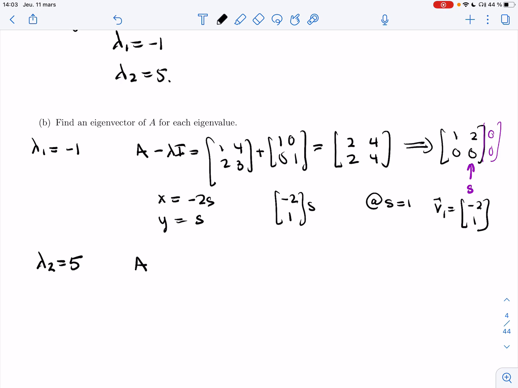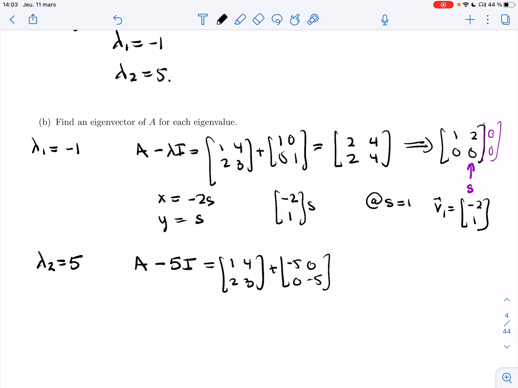All right, so now A minus 5I, that's 1, 4, 2, 3, plus minus 5, 0, 0, minus 5. And so I'm getting minus 4, 4, 2, minus 2. That reduces to 1, minus 1.